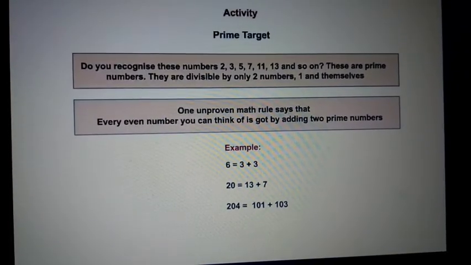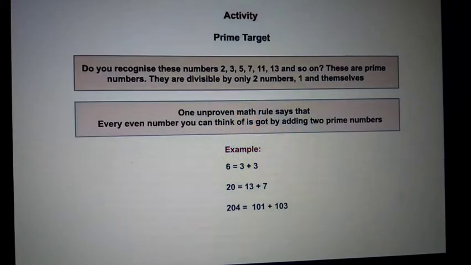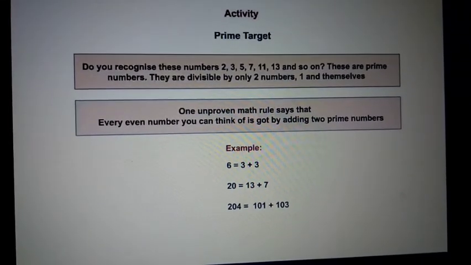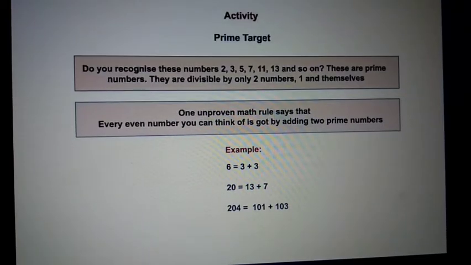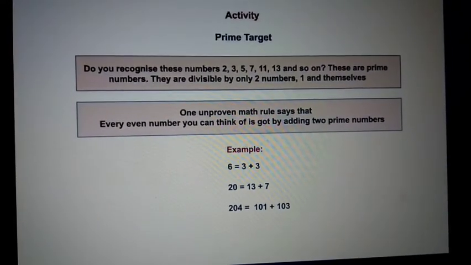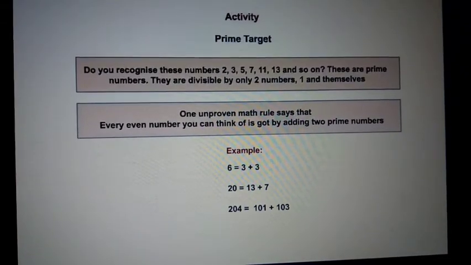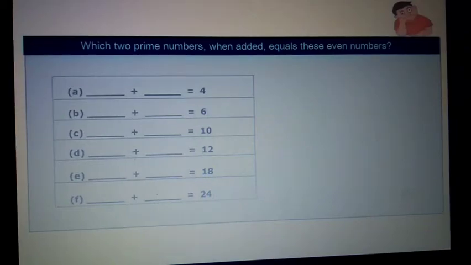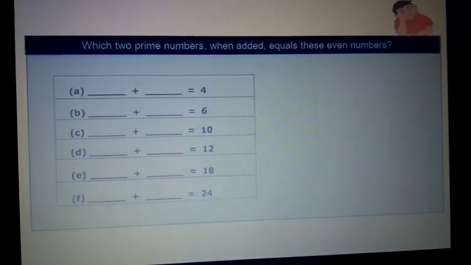Example, 6 is equal to 3 plus 3. 20 is equal to 13 plus 7. 204 is equal to 101 plus 103. Which two prime numbers, when added, equal these even numbers?